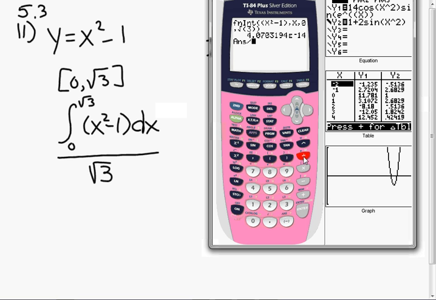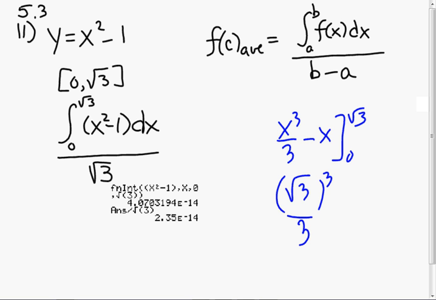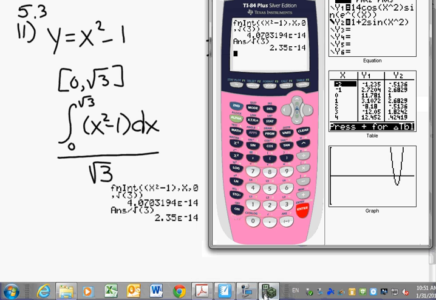I don't feel like that's right. That's going to get very small. Something's not right. So let's check, because I know how to do it.